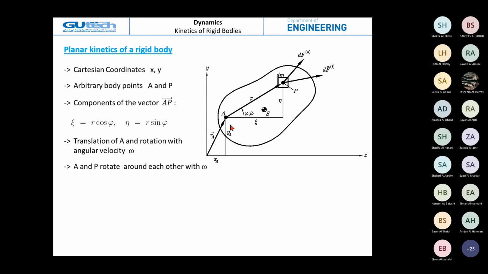For the point A we take the position vector R A, which has the component x a in the x direction and the component y a in the y direction.